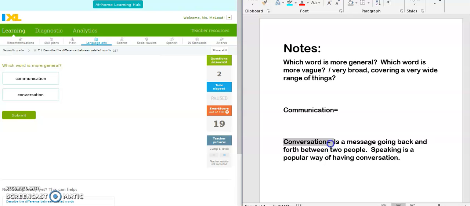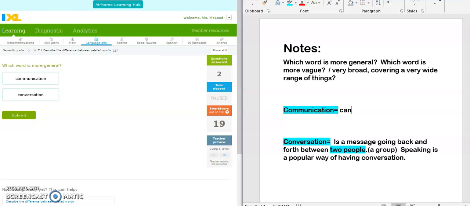So conversation is the message going back and forth between two people, or a group, like a group text. But now let's think about communication. Communication can be a lot of different things.